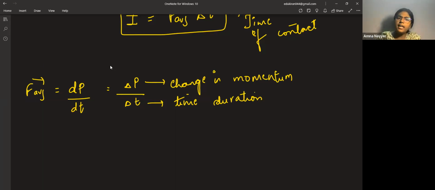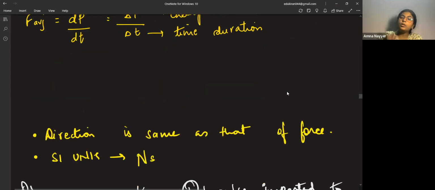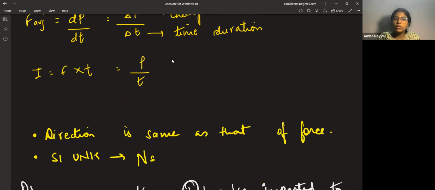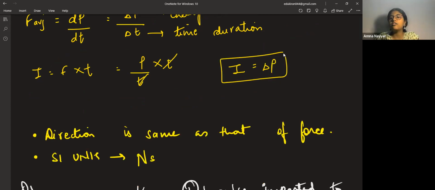So let me put the value of force here. If impulse is equal to force into time, and force is momentum by time, so time will get cancelled. So basically impulse is change in momentum, not rate, because time has cancelled.